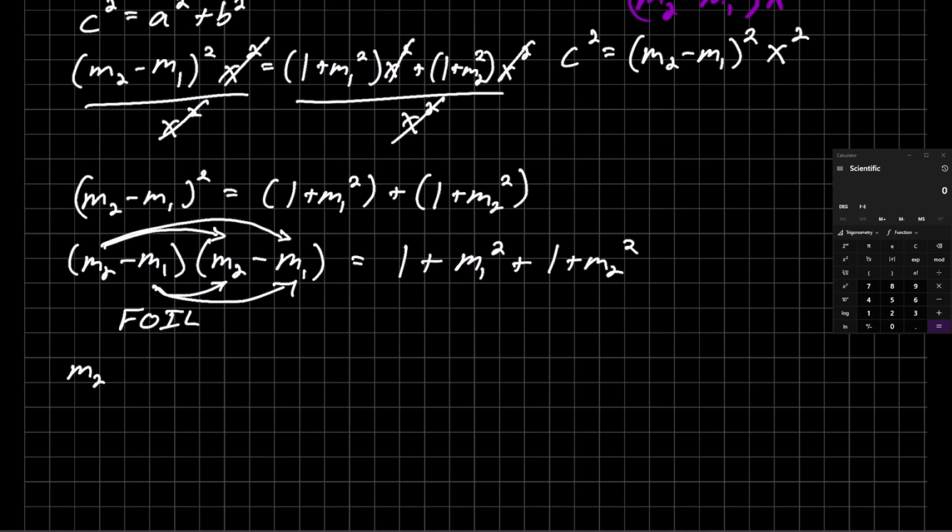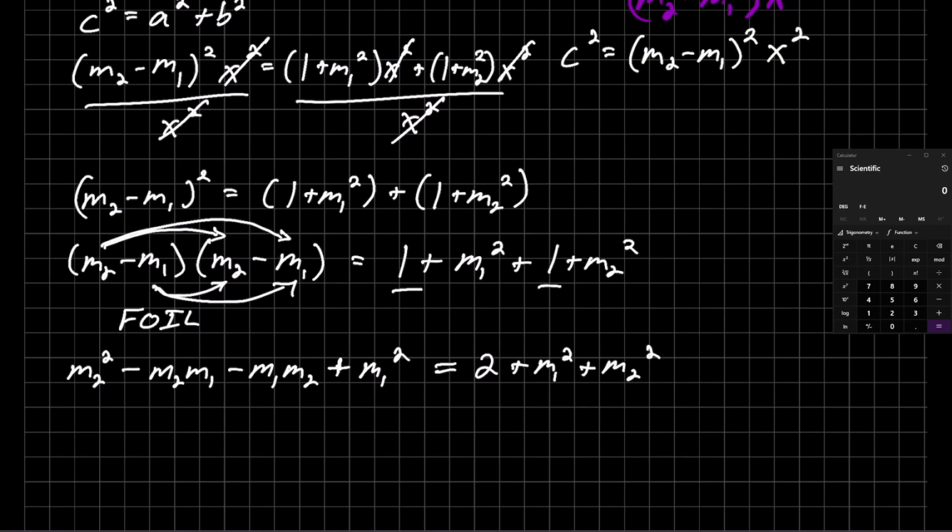So I get m2 squared minus m2 m1 minus m1 m2, plus m1 squared, because I have a negative m1 times a negative m1. And so the two negative signs multiplying together give me a positive. That equals, on the right hand side, I can combine the two ones, 2 plus m1 squared plus m2 squared.